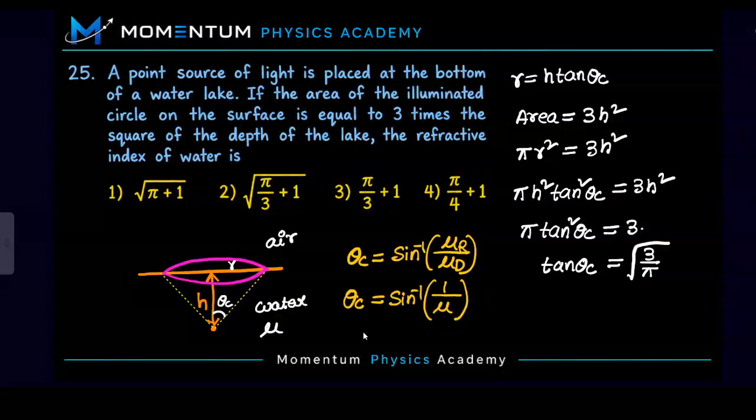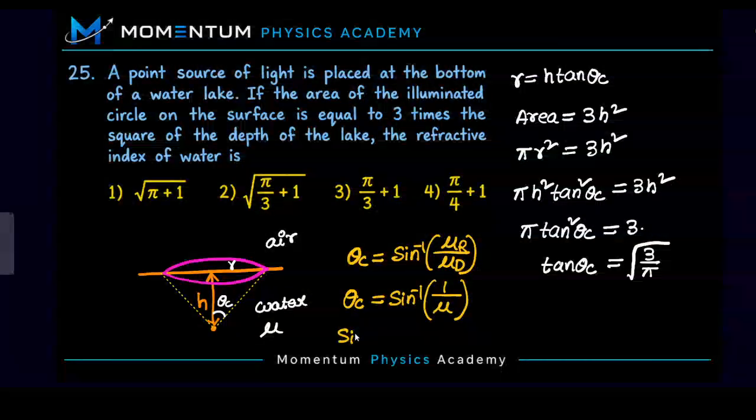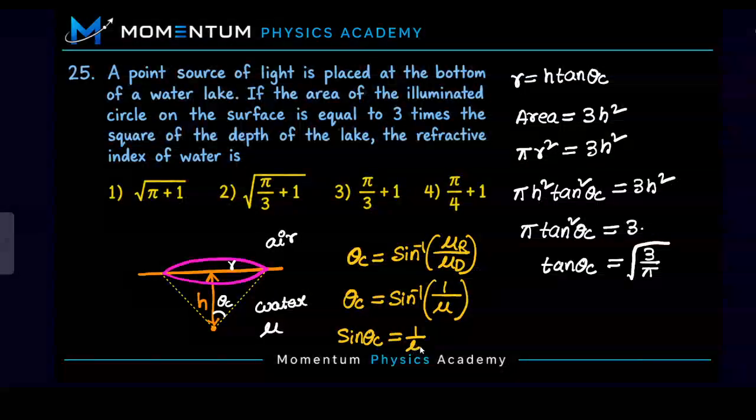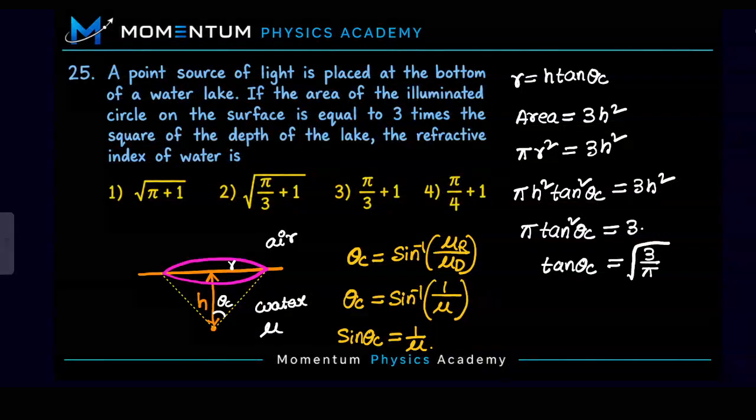Now from this we can say sine theta c is equal to 1 by mu. That means mu is equal to 1 by sine theta c. Got it?